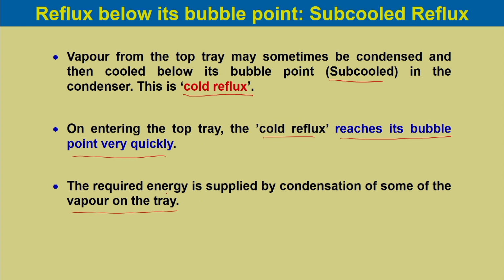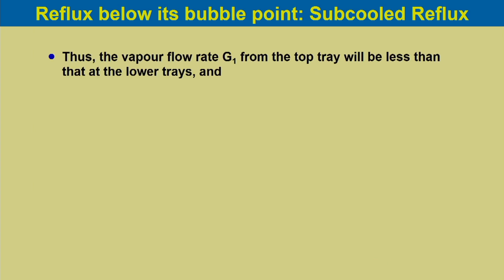As a result, the vapor flow G1 going out from the top tray will be less than G2, that is, the vapor from the tray below or the subsequent trays.